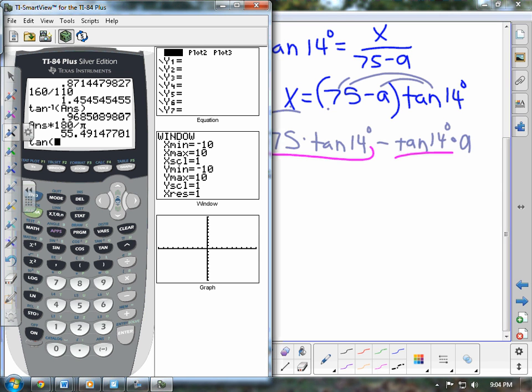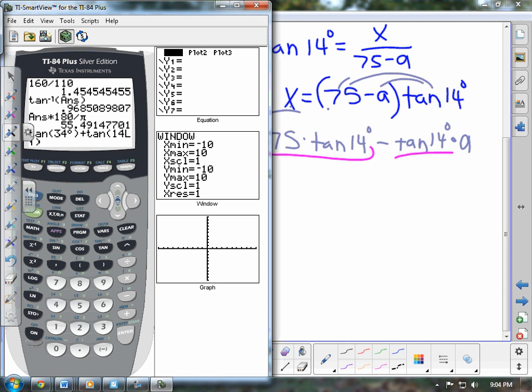So we need to go to our calculator. Tangent of 34 degrees plus tangent of 14 degrees equals 0.9238.